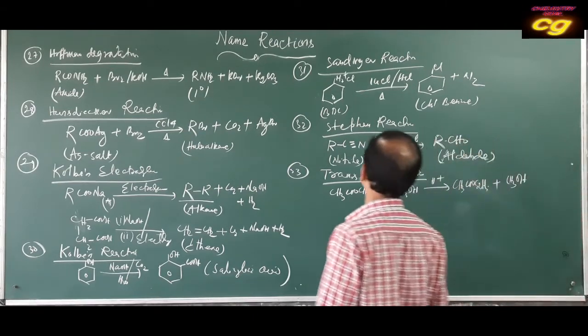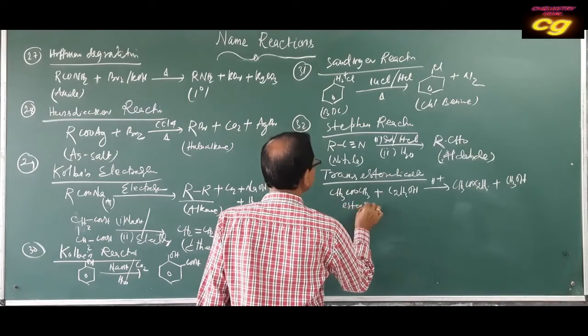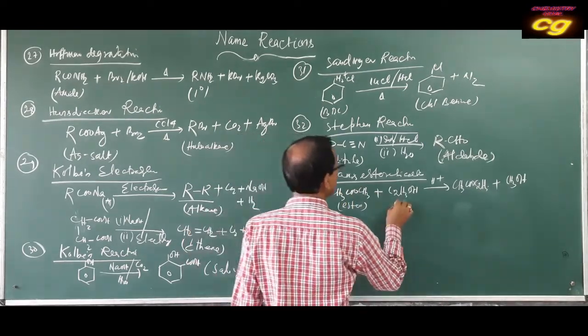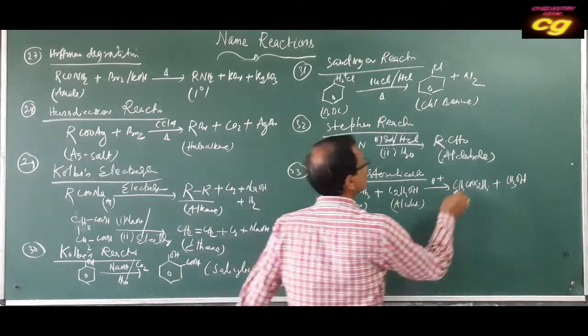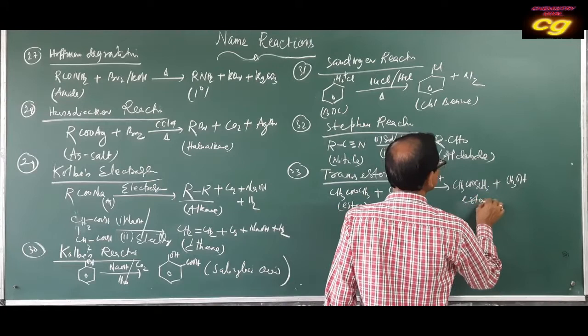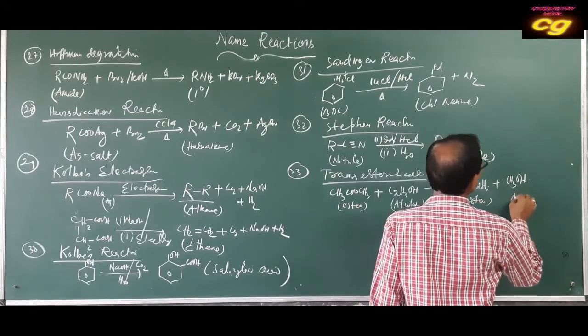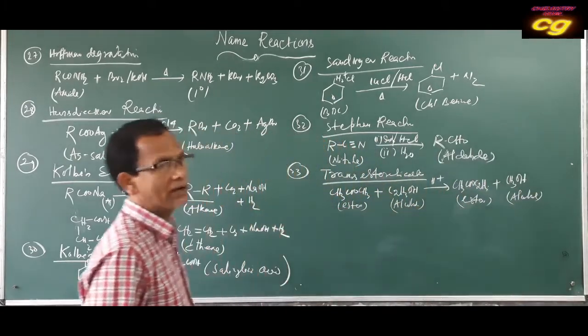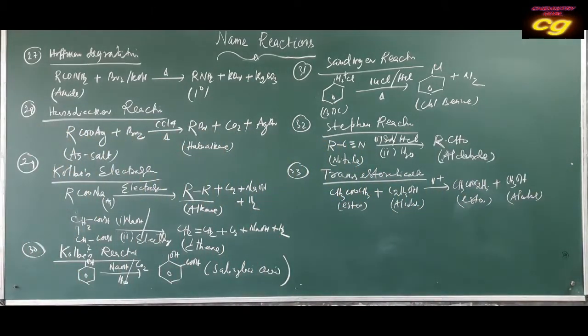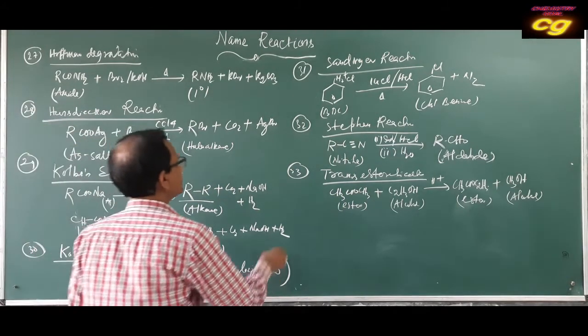This is the ester, methyl acetate. This is the alcohol, ethanol, producing ethyl acetate, a new ester, and a new alcohol. You see the change in R. This is called trans-esterification: preparation of a new ester from another ester using the same esterification mechanism.